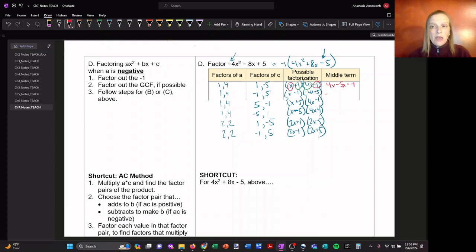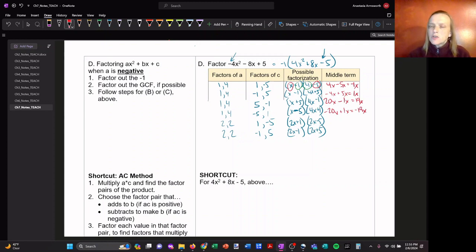Here we have negative 4x plus 5x, and that gives us positive 1x. Oops, I forgot to write my x there. Here I have 20x minus 1x is 19x, and negative 20x plus 1x equals negative 19x.